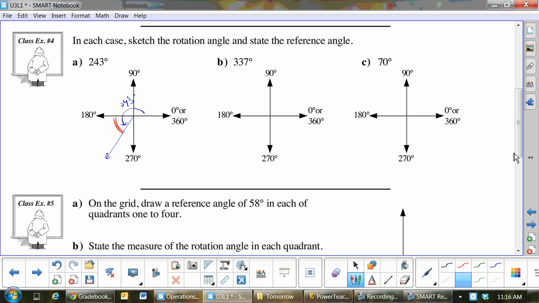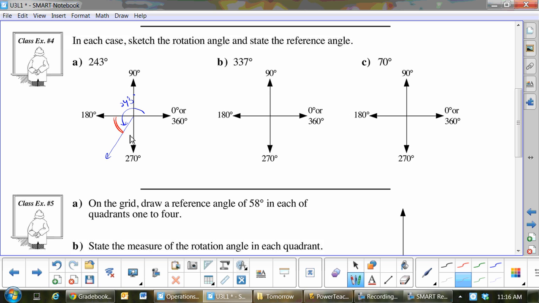What is that angle? Who can tell me what that angle is and how you got it? Yes? How'd you get it? Okay, now, why didn't you stop there? Because if you took this and subtracted 180, wouldn't you just get this left over?